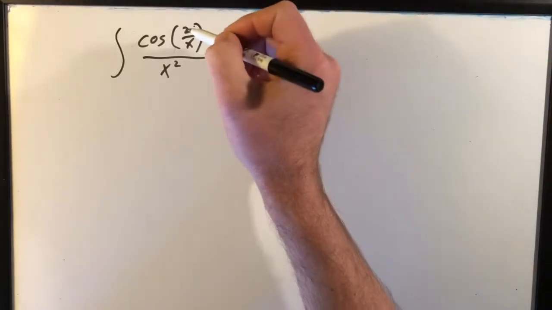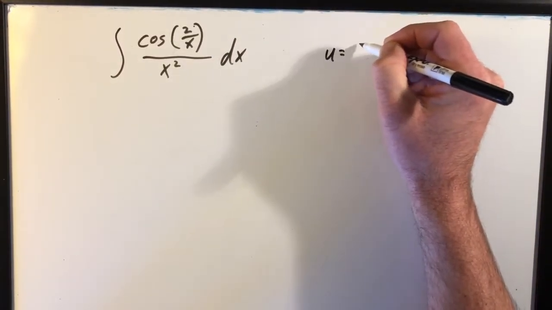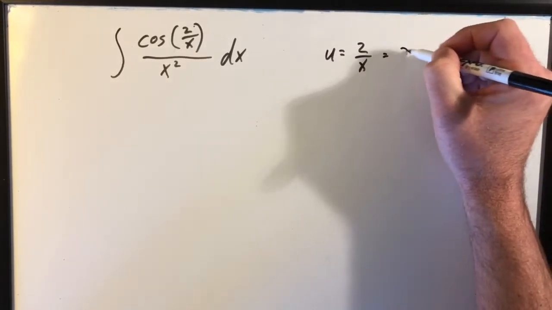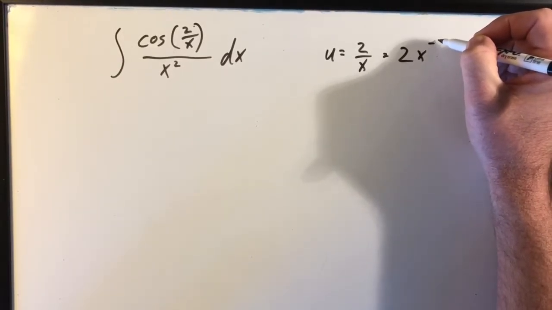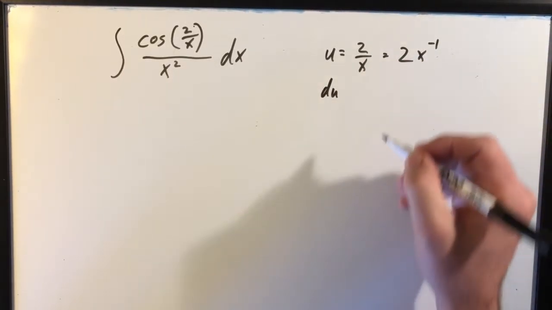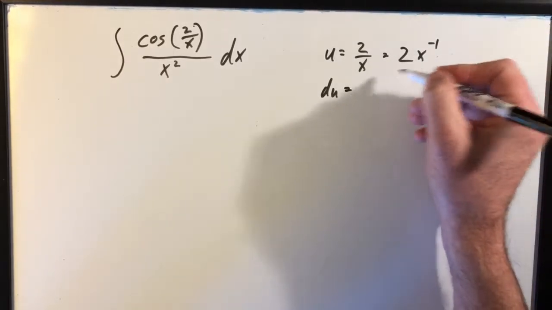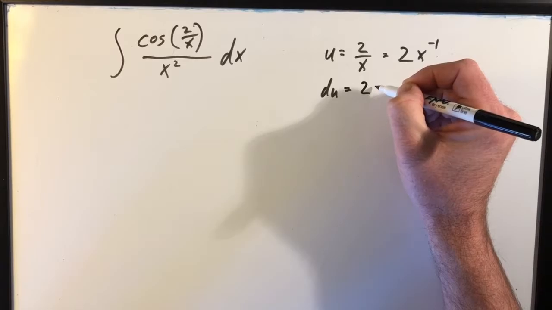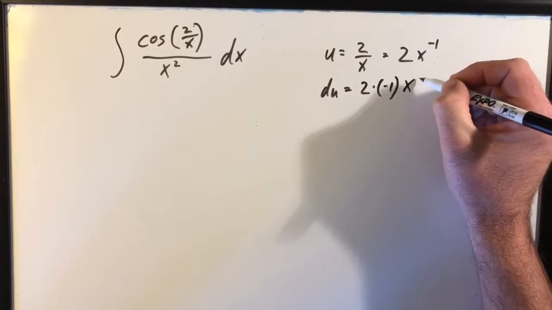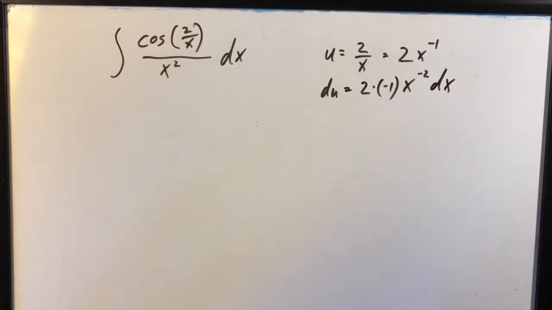So what is trapped? The 2 over x is trapped, so let's start there. U equals 2 over x, and that equals 2x to the minus 1. So du would then equal, actually this is a derivative, so it's going to be 2 times negative 1, and then x to the negative 2 dx.